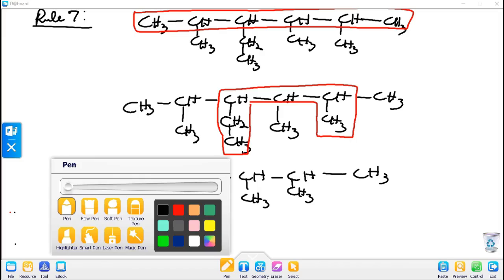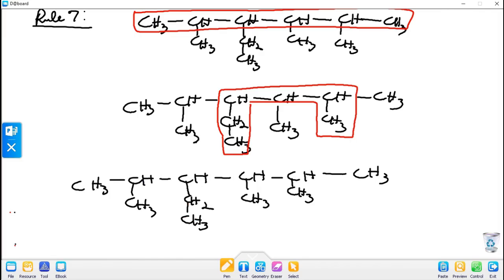Now, another student may choose to take his parent chain to be this, that way, and we have this. So we can see that.